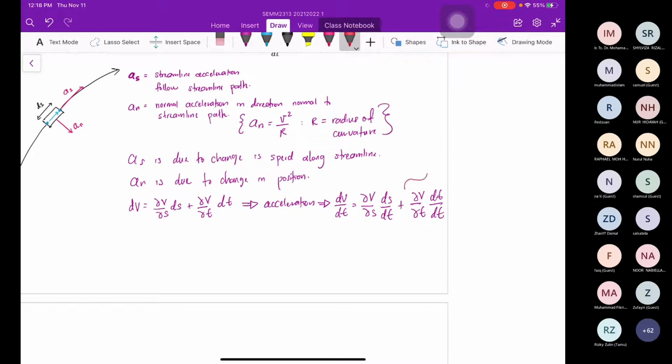This one is in terms of space, and this one in terms of time. So this one we can cancel out.